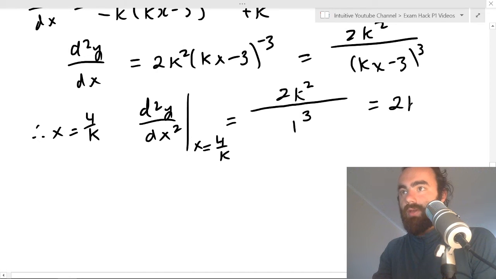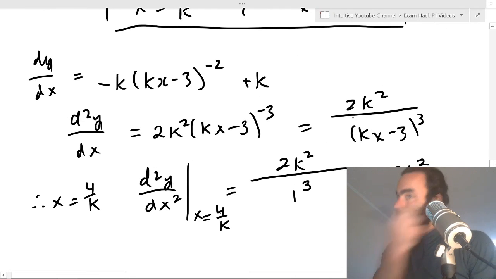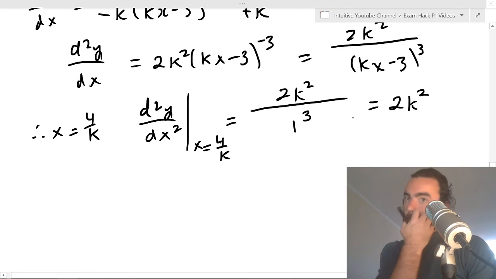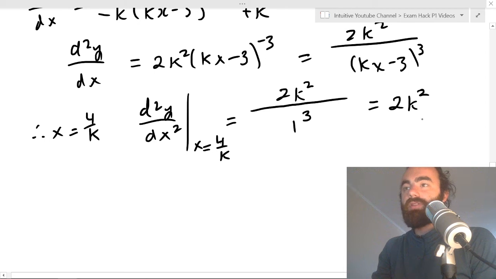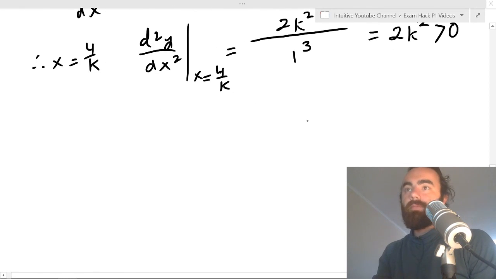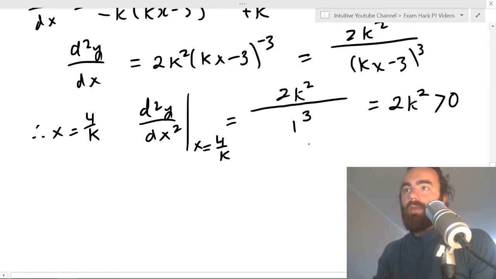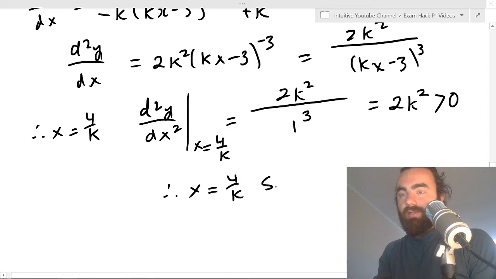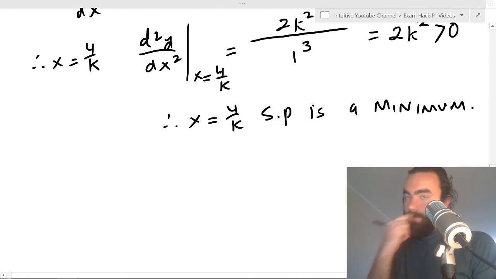So that's 2k squared, which, because k is a positive constant, is greater than 0. Therefore our x equals 4 over k stationary point is a minimum. So that's the minimum one.